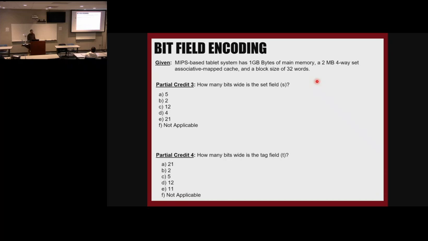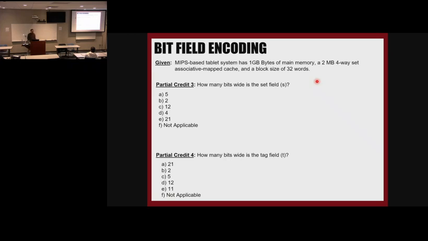We have a 4-way set associative mapped cache. It means that every set has 4 lines. Every line has 32 words, because we know the block size is 32 words. And every word has 4 bytes. So 4 bytes is 2 to the 2, and 32 words is 2 to the 5.